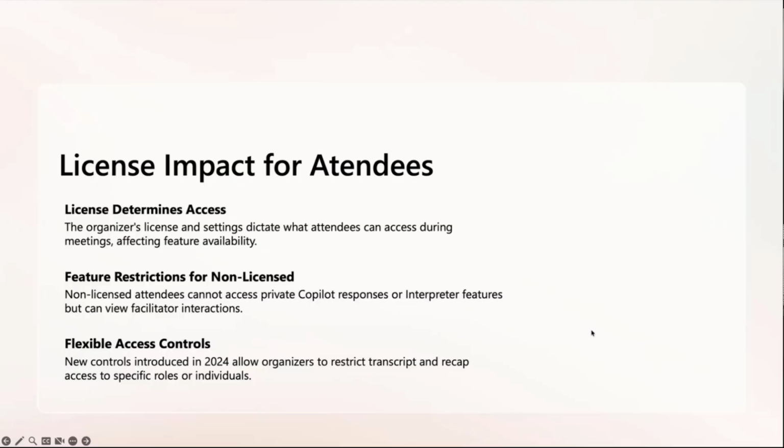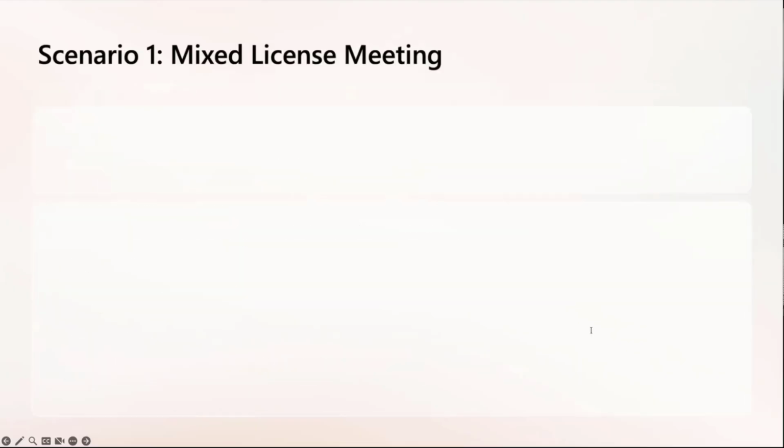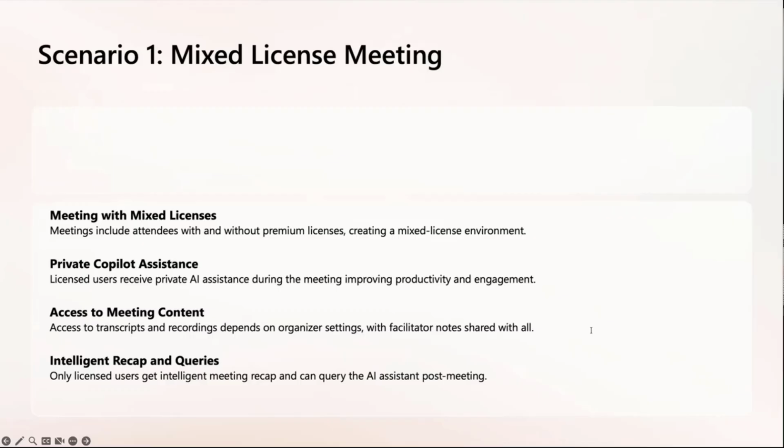Then you've got some meeting with mixed license scenarios, which I'll take you through quickly. Scenario one, mixed license meeting. Meetings that include licenses with premium licenses create a mixed environment. The Copilot licensed users will be able to receive private AI assistance during the meeting, and the recordings will be determined by the organizer setting.